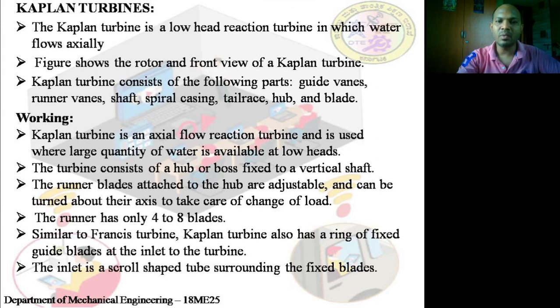The runner has only 4 to 8 blades, whereas in a Francis turbine we have around 16 to 24. Is it clear? Similar to the Francis turbine, the Kaplan turbine also has a ring of fixed guide blades at the inlet to the turbine, and the inlet is a scroll shaped tube surrounding the fixed blades.